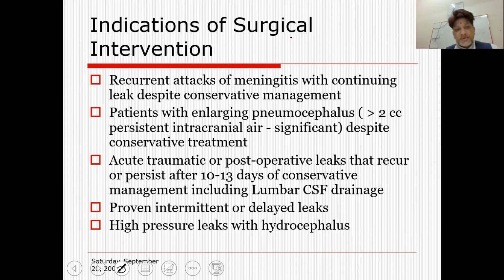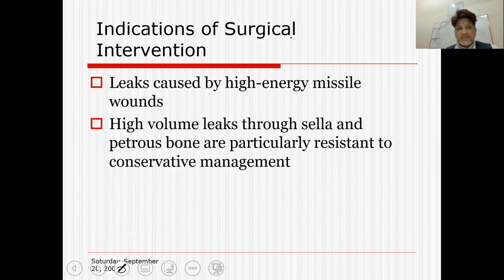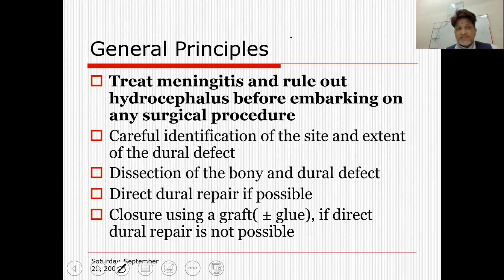So something has to be tucked inside. In order to do that, you have to enlarge the area. You have to do a complete ethmoidectomy to look at that area, and you have to use bipolar cautery, which is a very essential tool in most cases, and repair it in layers. That is the introduction to the surgical part of CSF repair.